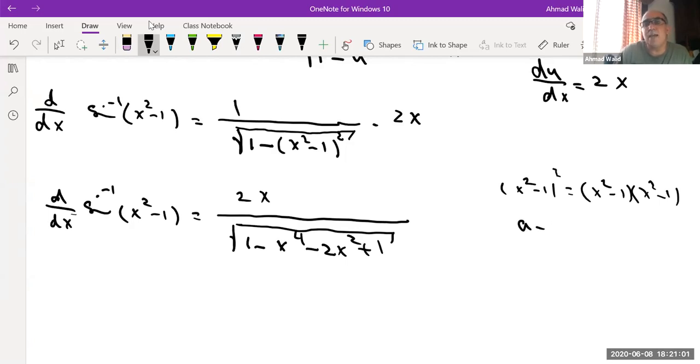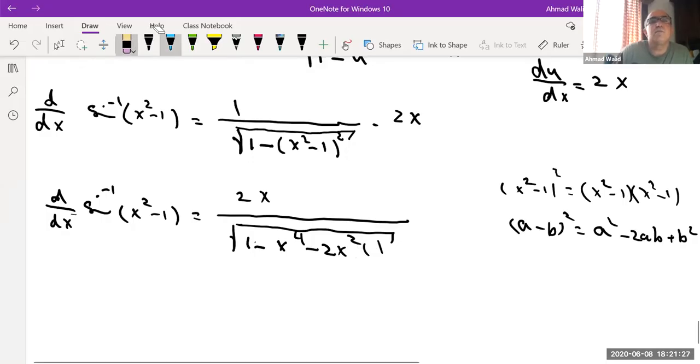Or use (a minus b) squared, which is a squared minus 2ab plus b squared, right? I use this one, the same. Now, plus 1 and minus 1, do not cancel here because I have to distribute the sign also. I have a negative, so I'll keep my parentheses here.